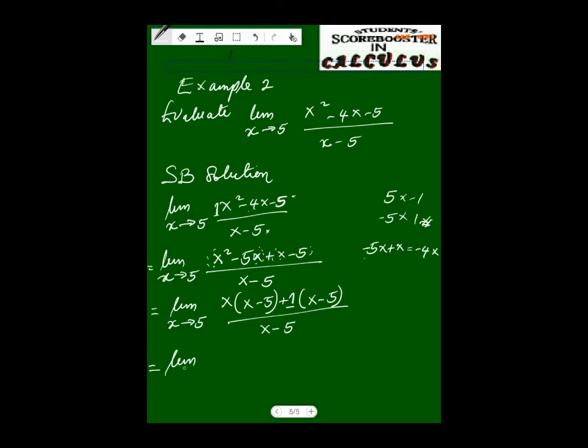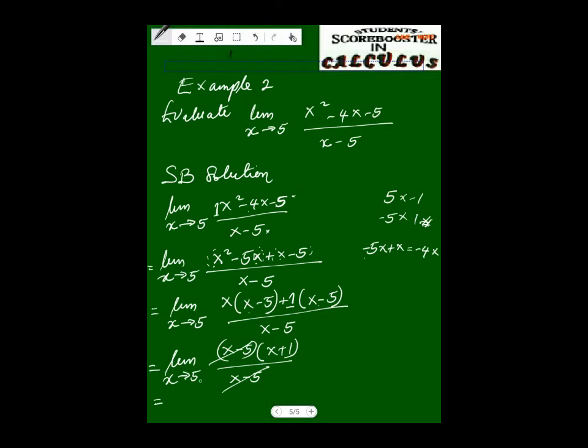So further simplification of this will give us x minus 5 here, x minus 5 here. So you can factorize into x minus 5 times x plus 1 over x minus 5, right? So you see x minus 5 cancels x minus 5 here.